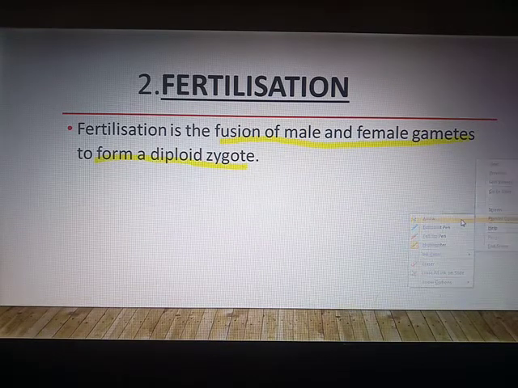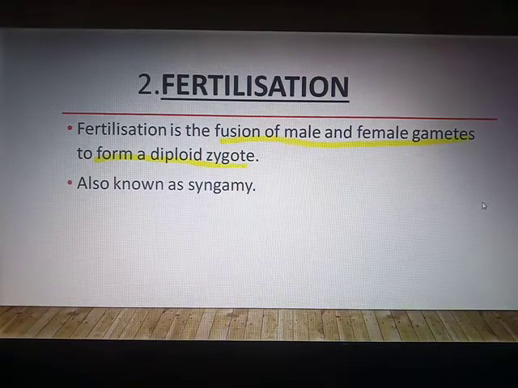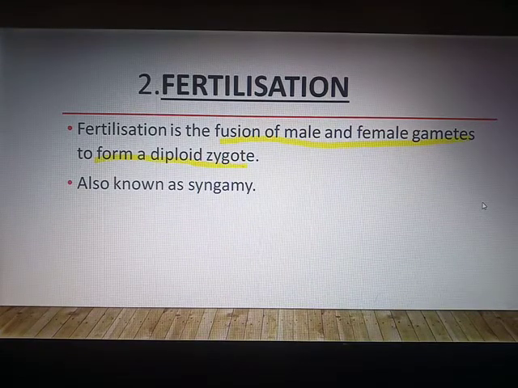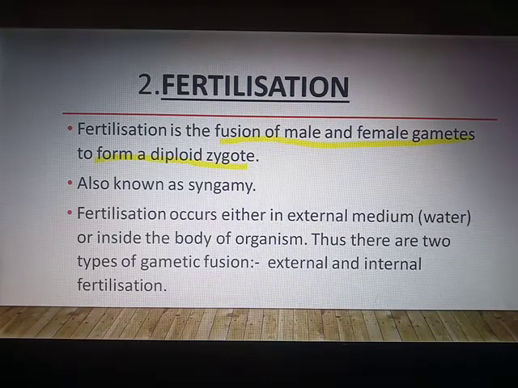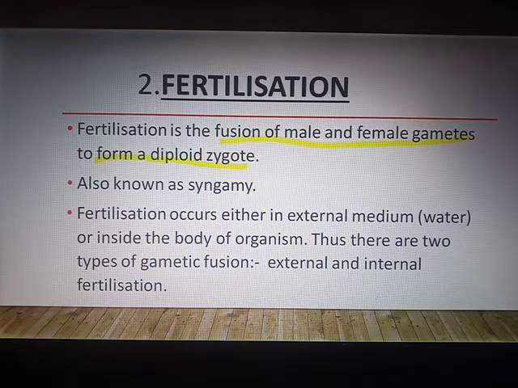Fertilization is also known as syngamy. Clear? The next point is that fertilization occurs either in an external medium or inside the body of the organism. The external medium may be water. So students, there are two types of gametic fusion, external and internal fertilization.